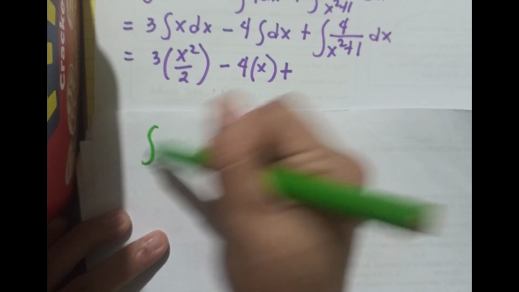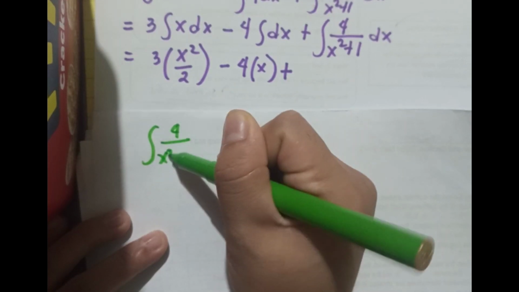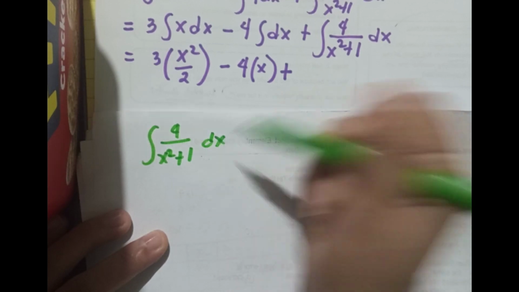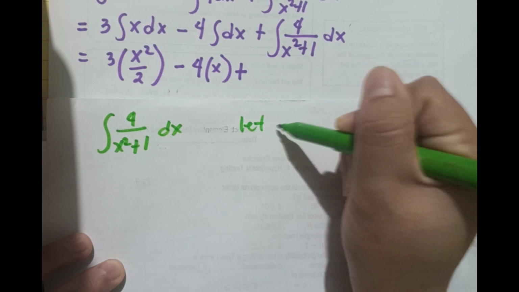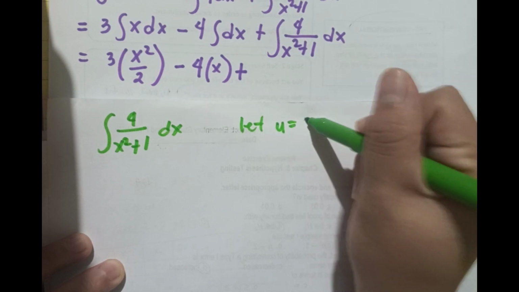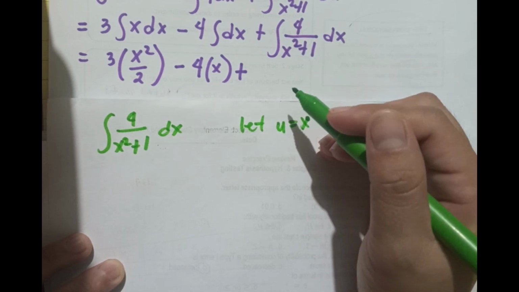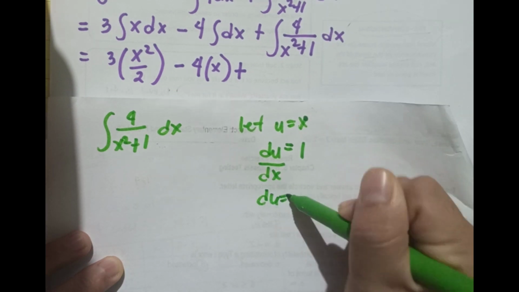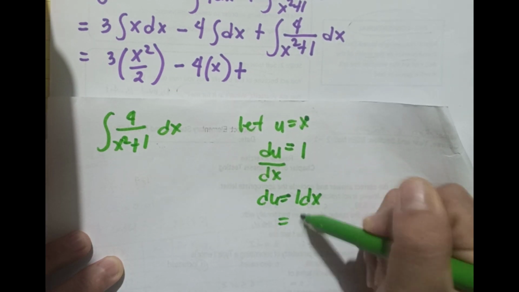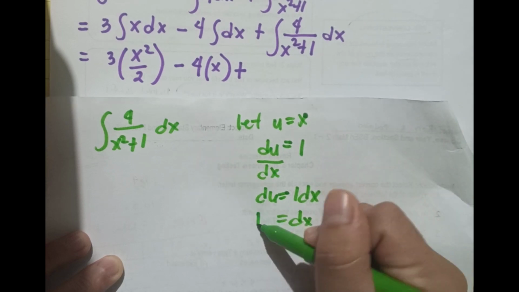This time, let's find the integral of 4 over x squared plus 1. To find its integral, we need to use the u substitution technique. Let's say u is equal to x and the derivative of u is equal to 1, so du is equal to 1 dx, or simply dx.